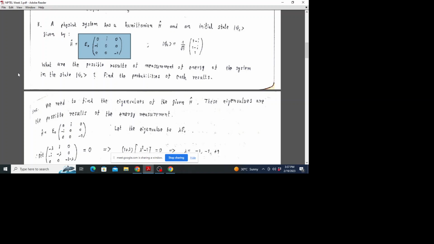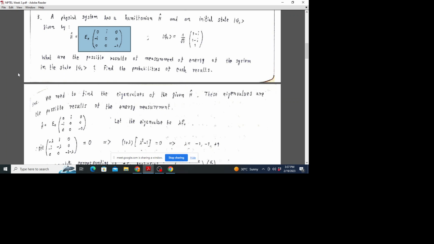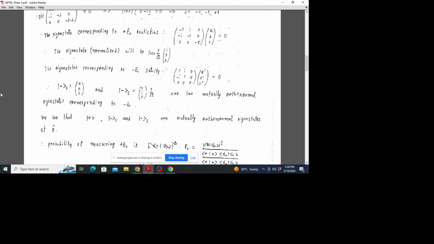The coefficients that appear in the linear combination will be the probability amplitudes, and the mod square of those probability amplitudes will give us the probabilities of each result. That is how we do it.